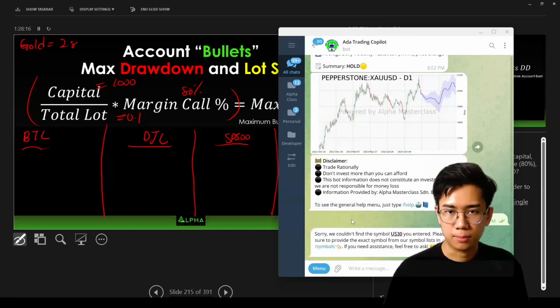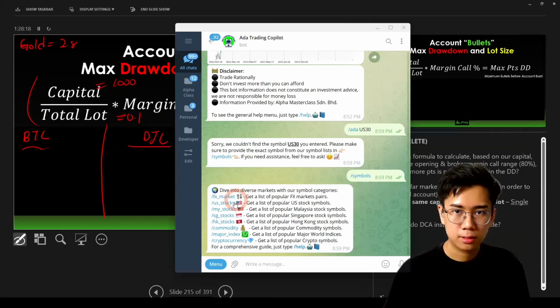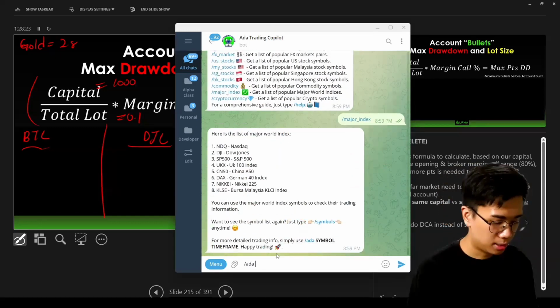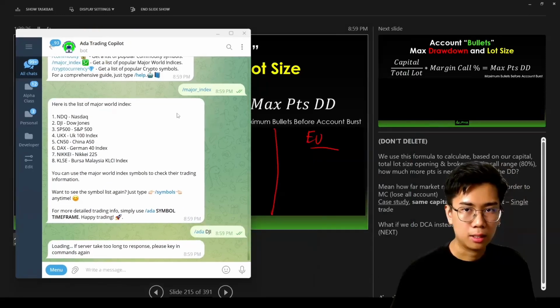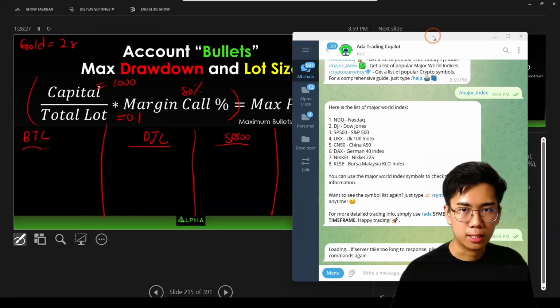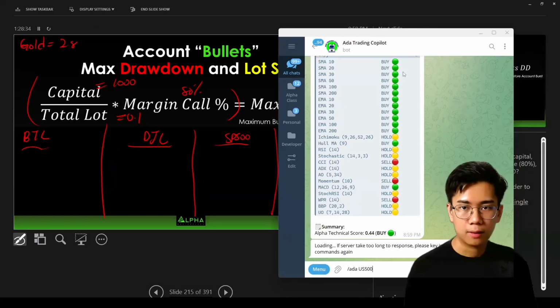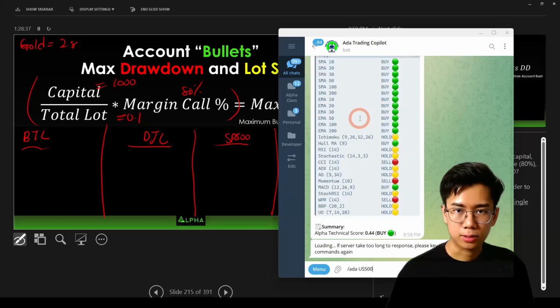Okay, so we see what symbols are available. Index DJI, slash ADA DJI, and slash ADA SP500. Okay, so it's SP500.